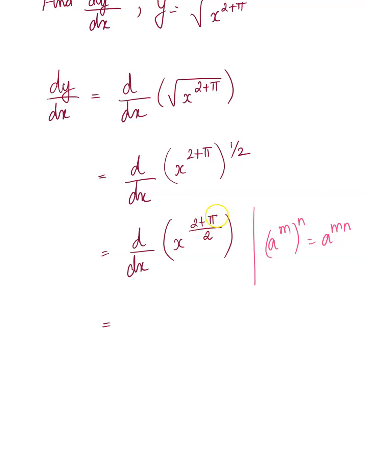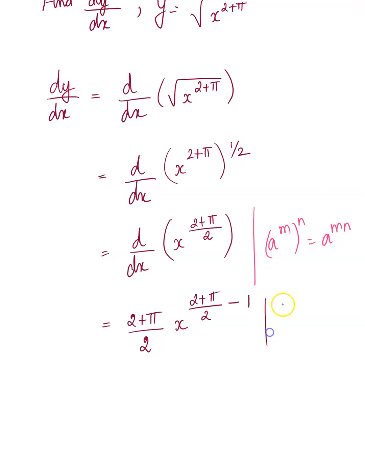I cannot accommodate any variables. Pi is not a variable. Pi is an irrational number, approximately 3.14. So you have that expression when you expand it, 2 plus 3.14, so 5.14 divided by 2. So it's going to give us a number. Therefore, we are free to use the power rule of differentiation, which is (2 plus pi) over 2, x power (2 plus pi) over 2 minus 1.